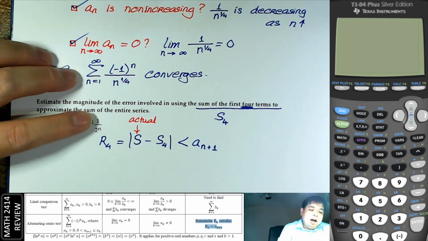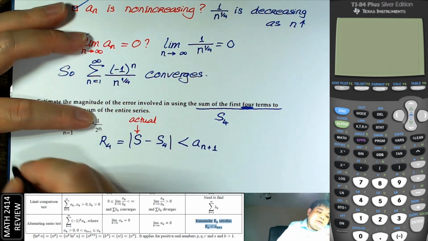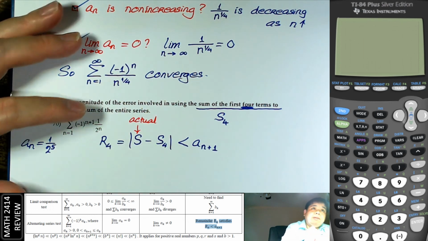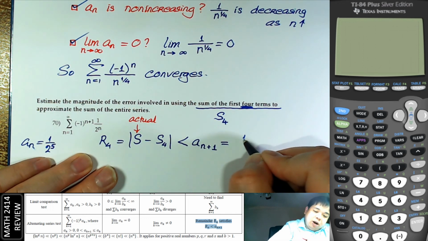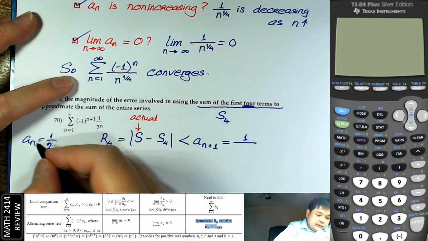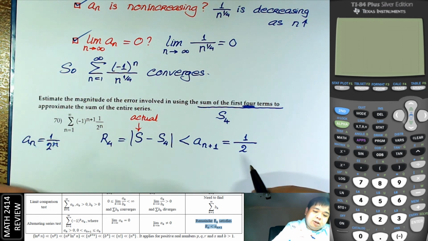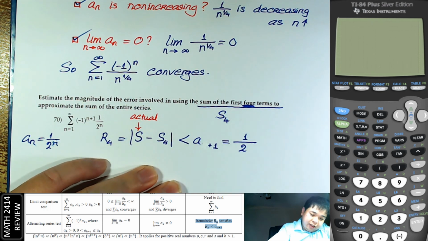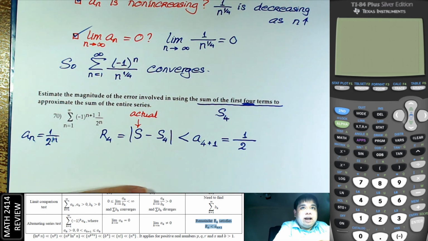Now again, a sub n is the term without the alternating factor. So the remainder is less than 1 over, to the n power. And n plus 1 here, if we use 4, is going to be 5. So a of 5.